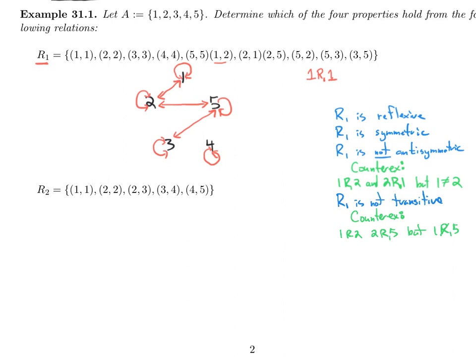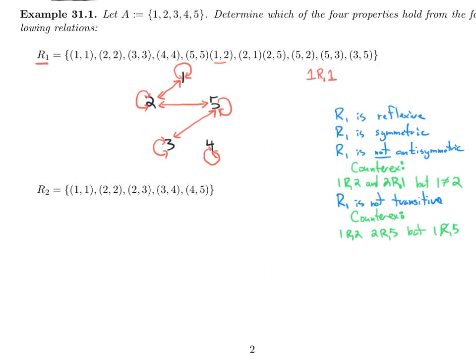And I should say that this is R1, of course. So this relation here is a reflexive and symmetric relation. Let's look at the next example. Again, if you haven't done this yet, pause the video, try it yourself.